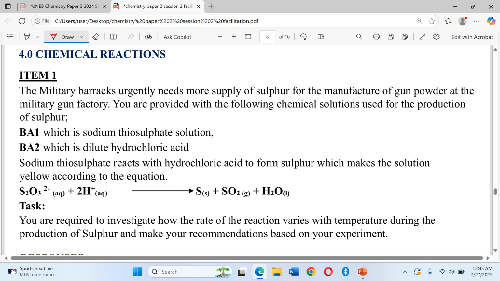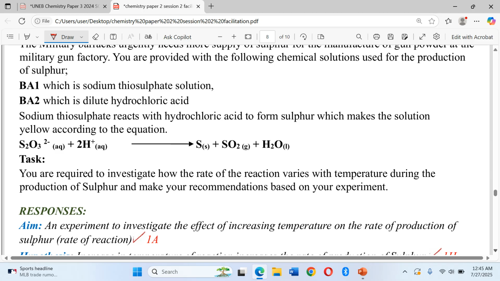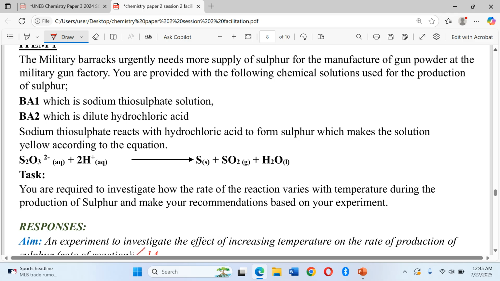Chemical reactions. Let's read through faster. It is saying, the military barracks urgently needs more supply of sulfur for the manufacture of gunpowder at the military gun factory. You are provided with the following chemical solutions used for the production of sulfur. BA1, sodium thiosulfate, BA2, dilute hydrochloric acid.